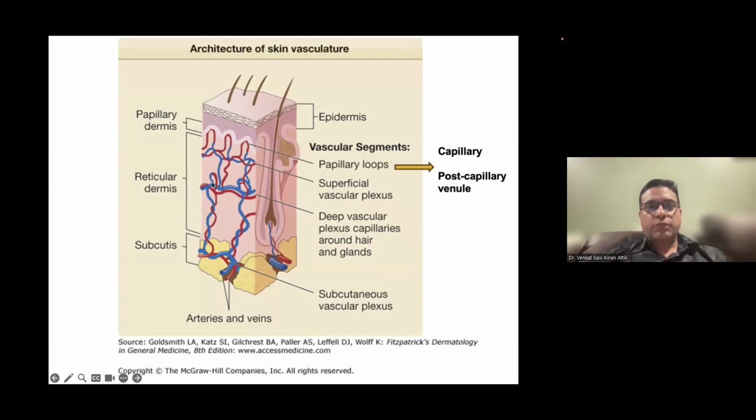That's where the reticular dermis is. Then from there you have smaller arterioles going up, and these merge into the superficial vascular plexus, from which you have the papillary loops, where you have the capillaries and the postcapillary venules, and these venules join the veins lower down in the dermis. So that's essentially the dermal vasculature.